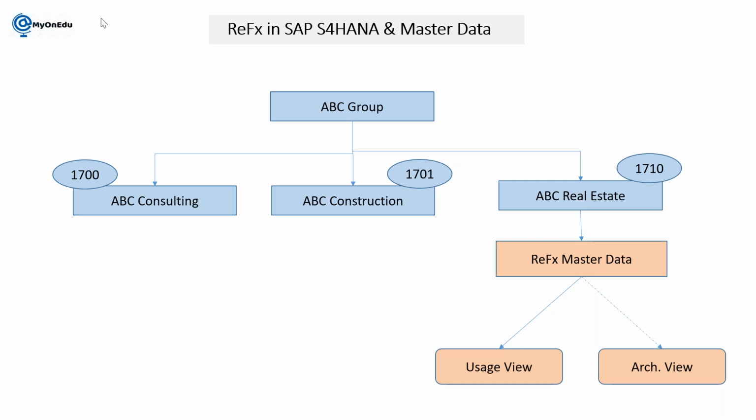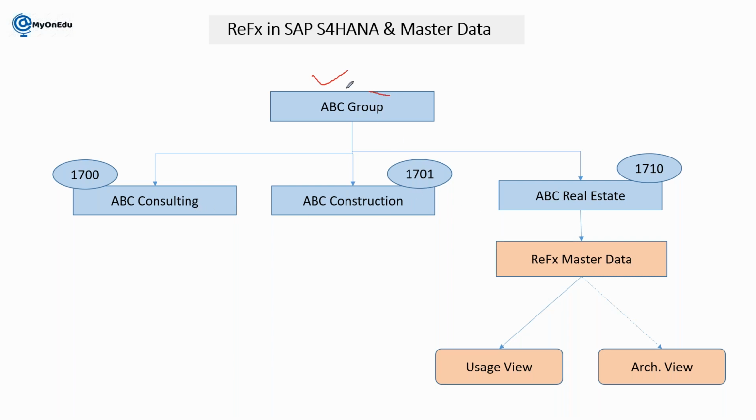Next, when we are starting, we need to understand that when we use the ReFx module in SAP, flexible real estate management, it is company dependent. So in a particular company, you need to activate where exactly you are going to use this ReFx solution. As one example, take ABC Group, which has 3 different legal companies.